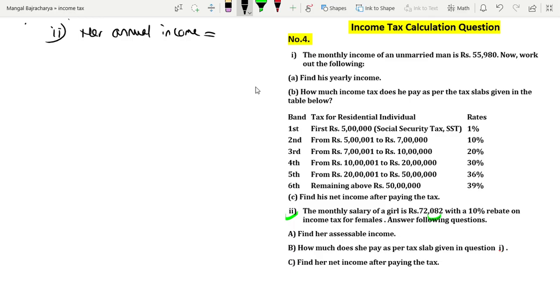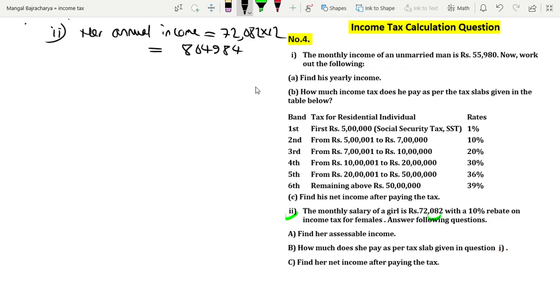So of single month 72,082 is given, and of 12 months we multiply by 12, and we get our annual income. So 72,082 into 12, so you get 8,64,984. So it's our annual income.